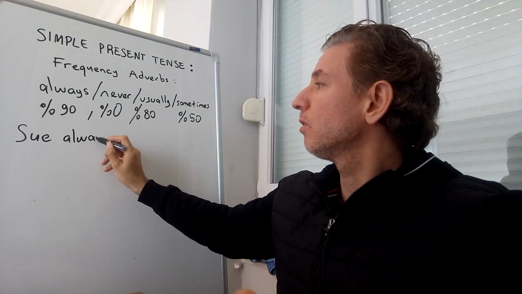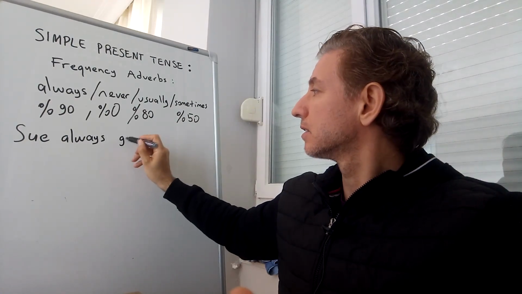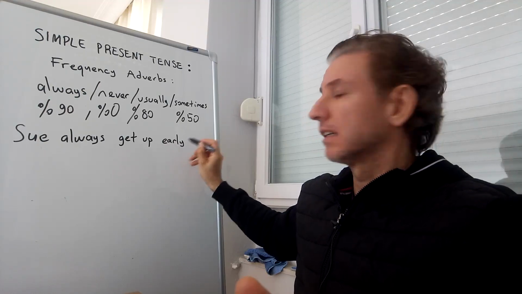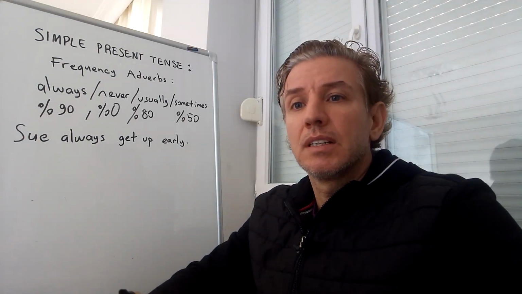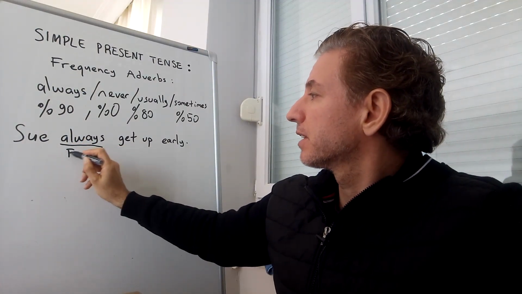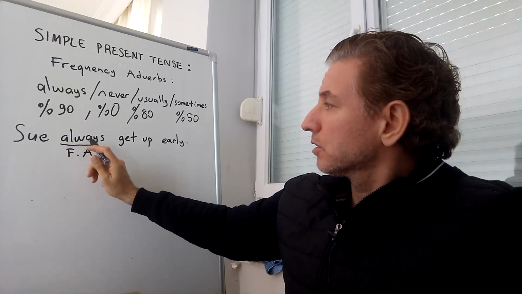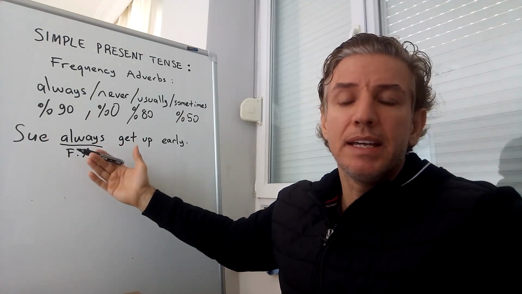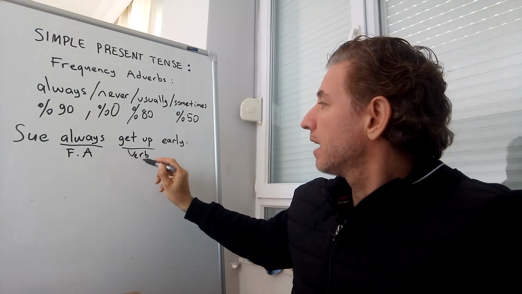Sue always gets up early. Here, look, this is a frequency adverb. It shows how many times a day, a week, or a year I do this verb, okay?